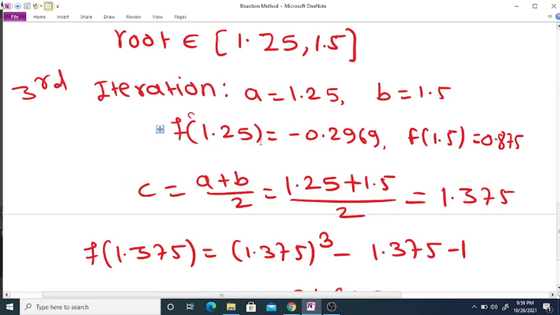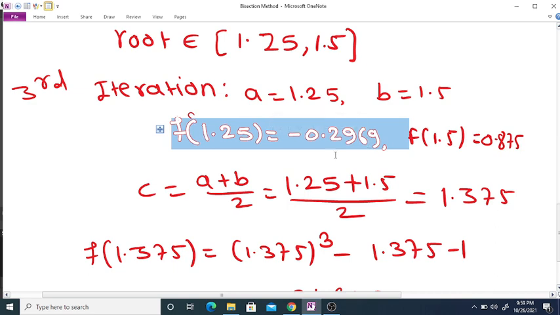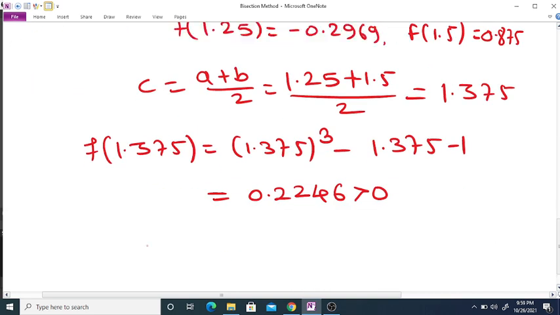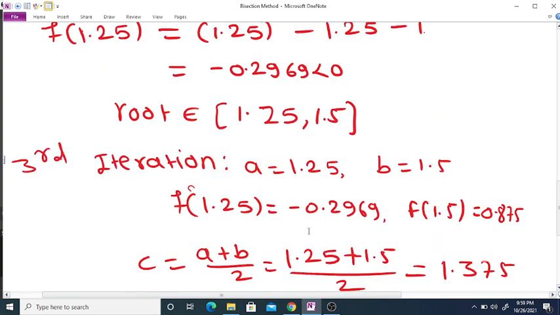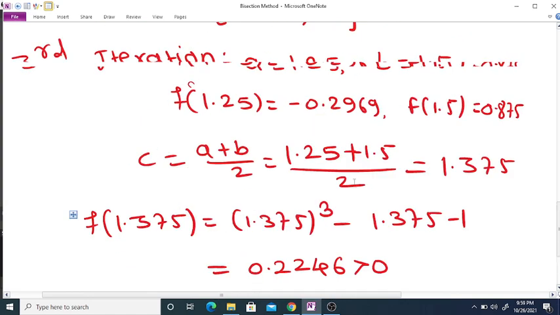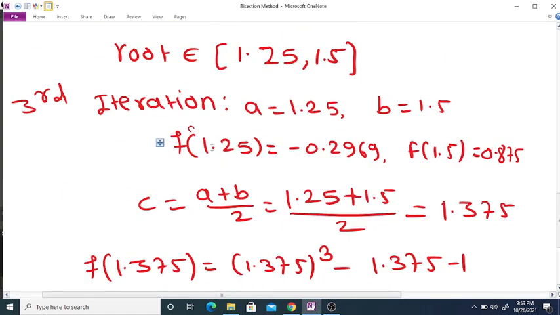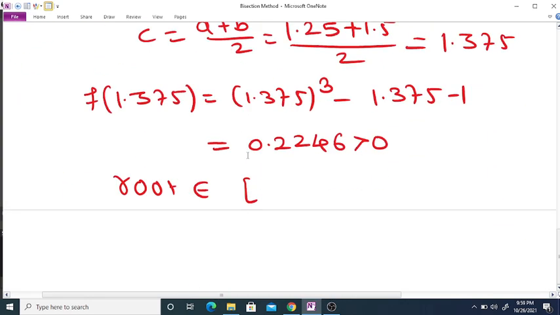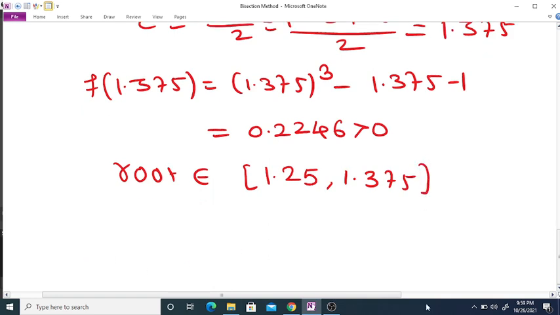In this interval, the negative number is what? f of 1.25 is a negative number, and therefore the root lies in the interval 1.25 and 1.375.